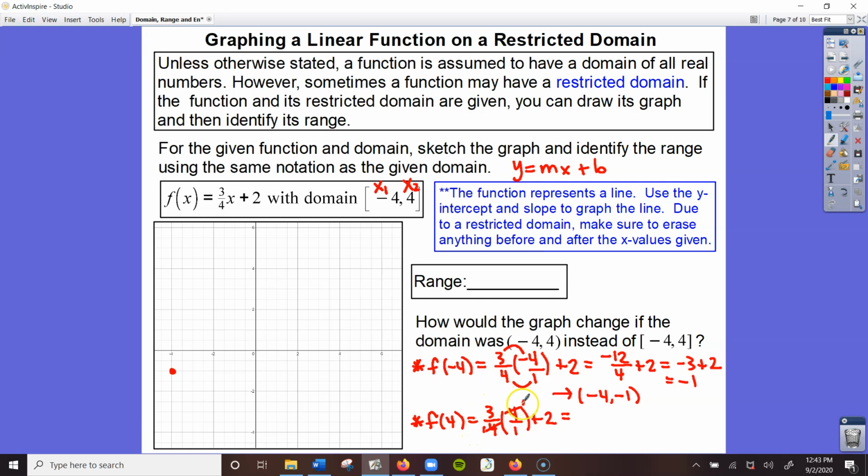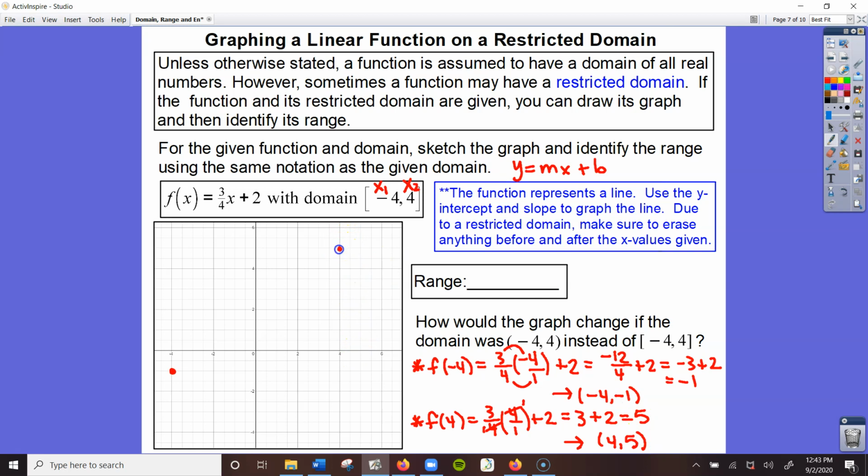So 3 times 1 is 3, 1 times 1 is 1, and 3 over 1 is 3. And then we have that plus 2. 3 plus 2 is 5. So the coordinate that I'm going to plot is 4, 5.